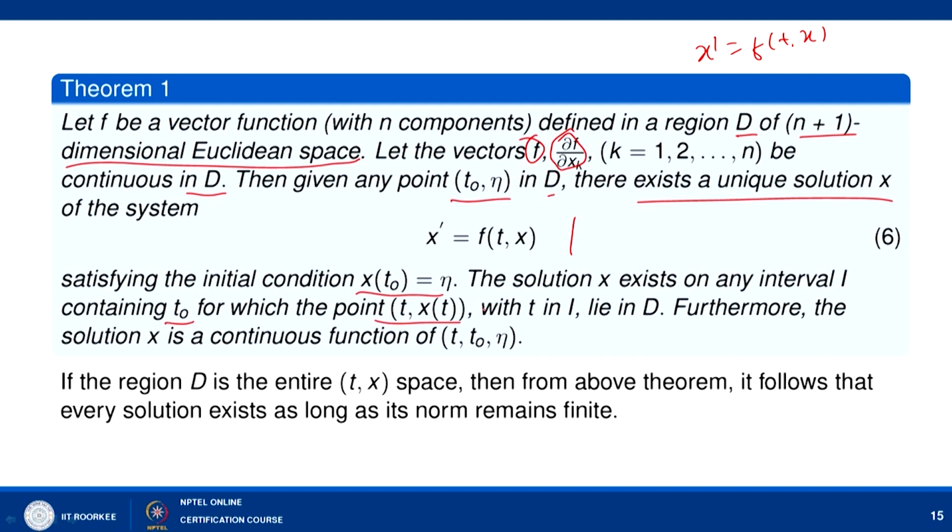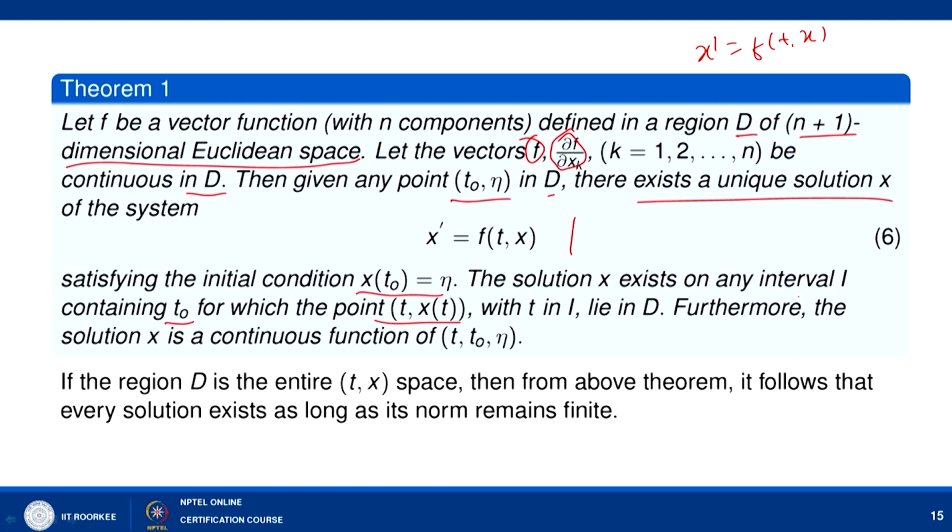And if you remember, in the scalar valued case, this theorem is a local existence theorem. So it means that here the solution will be defined in a small neighborhood of (t0, eta).